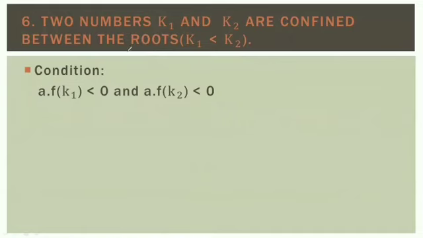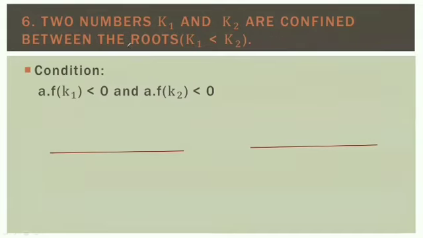So in this case, we have to find when two different numbers are confined within the roots. We have to find the condition when this occurs. Okay, so it's simple. In the other case, it was the roots that were confined between the numbers.